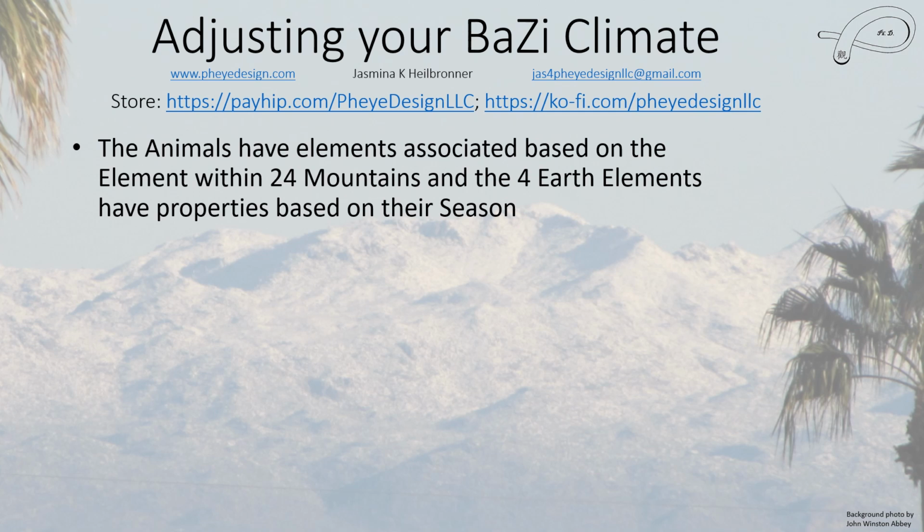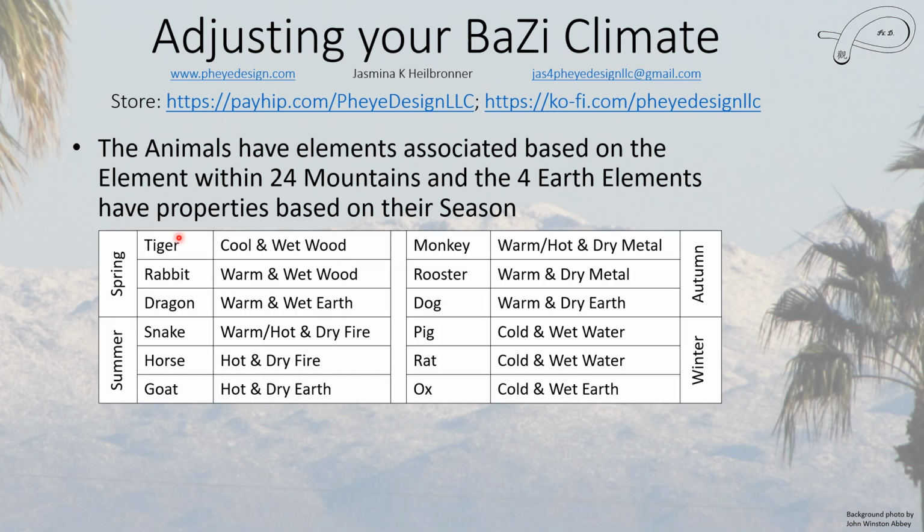There's 4 of them, and that finishes everything. So in the springtime, the tiger and the rabbit, which are wood animals, are cold and wet wood, or warm and wet wood. So this is warming up. Whereas the dragon is warm and wet earth. So these are the wet wood, this will be wet earth.